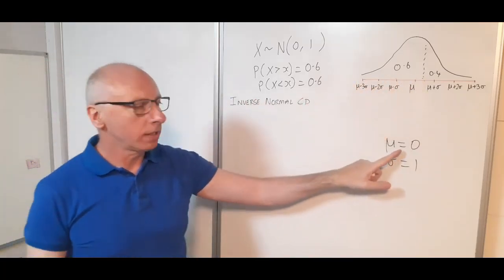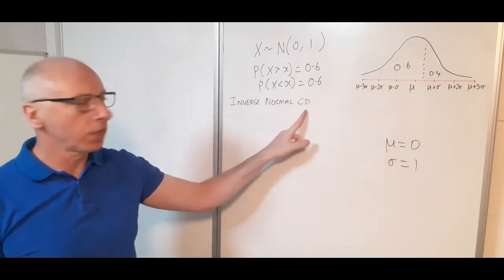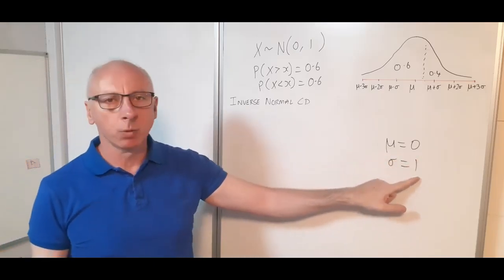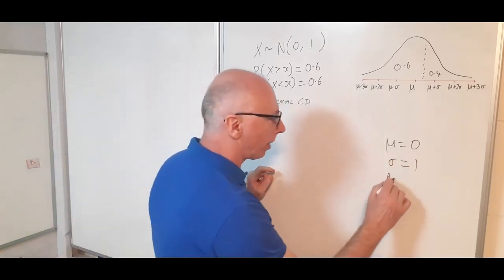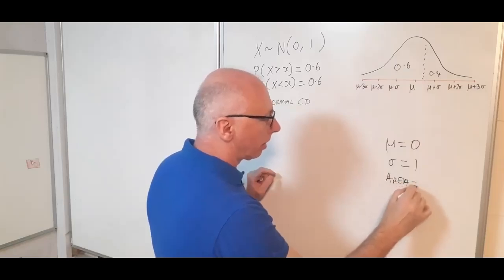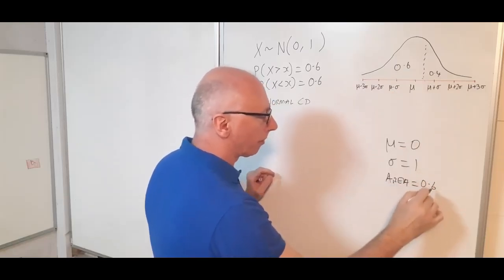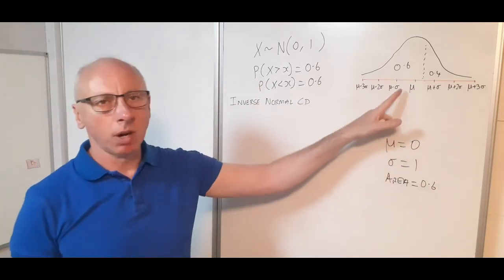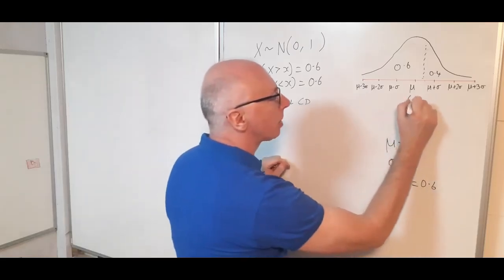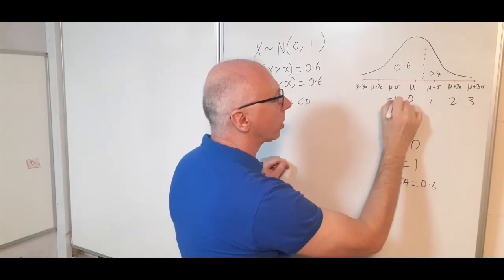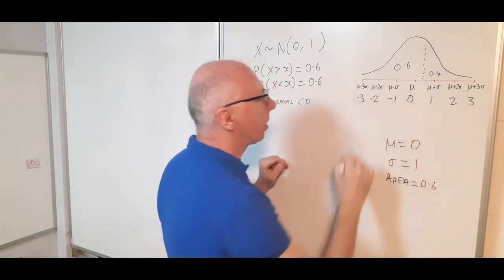So if we type this into our inverse normal CD function on our calculator, type mu is 0, sigma equals 1, and our area, which is the area this side, that would be 0.6. So we know we're going to get a result somewhere between 0 and 1, because if the mean is 0, we keep adding 1 each time for one standard deviation and subtracting on this side.